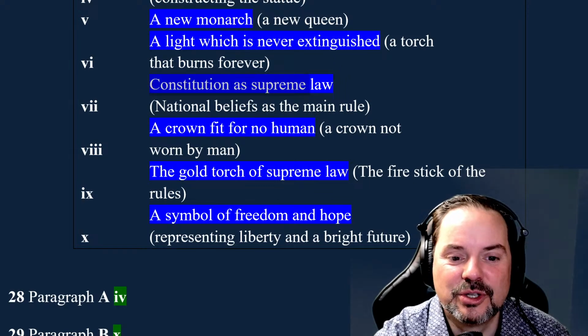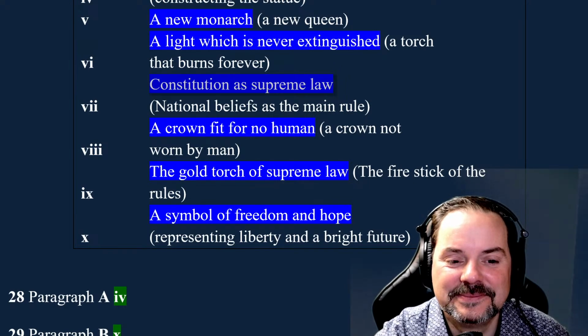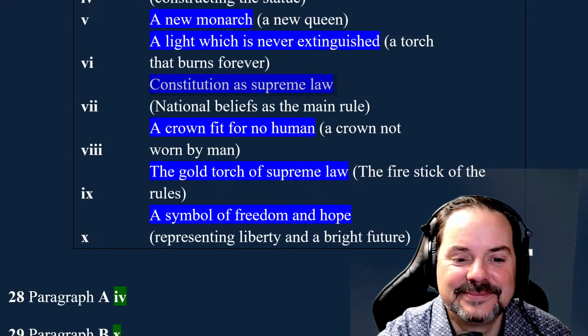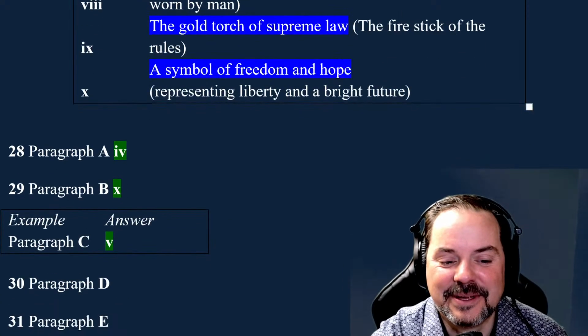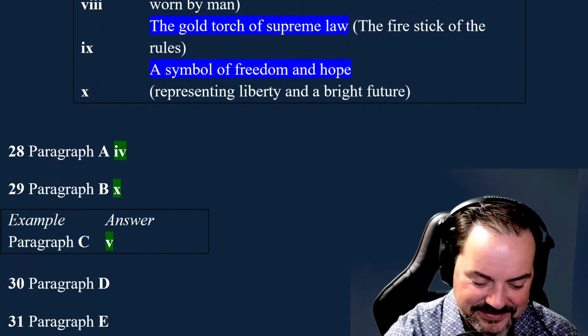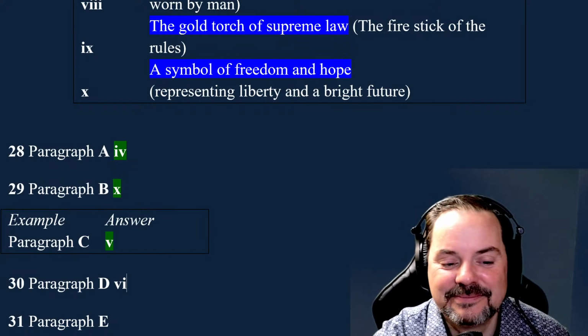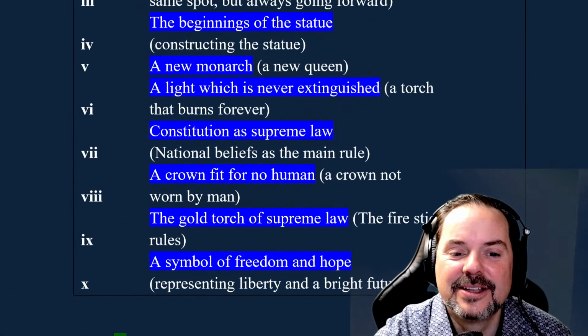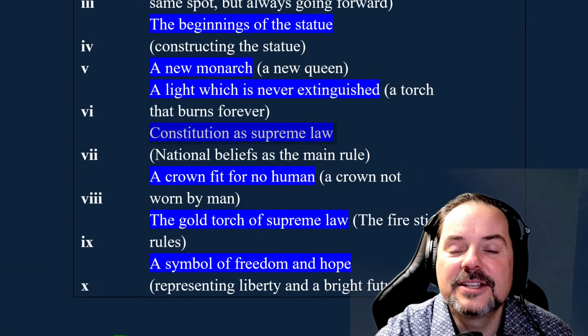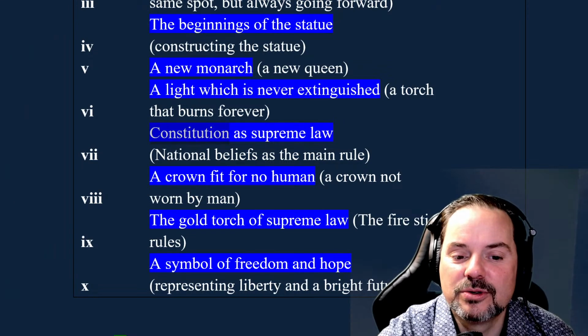How about Constitution as supreme law? Number 6 is the correct answer for all. Yes. Okay, it's Constitution as supreme law. That's the book. The book is the Constitution.